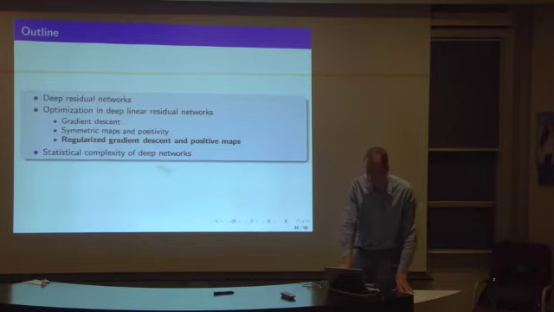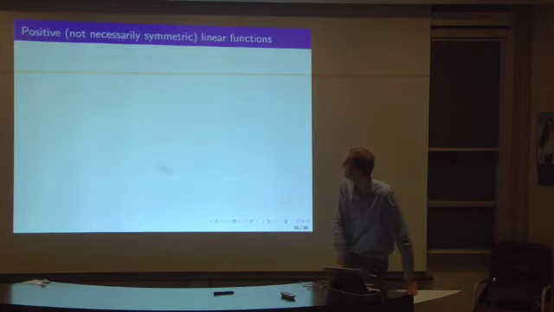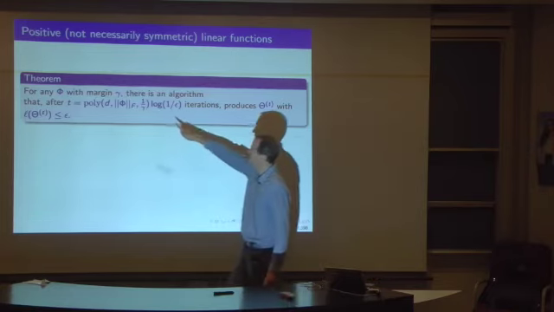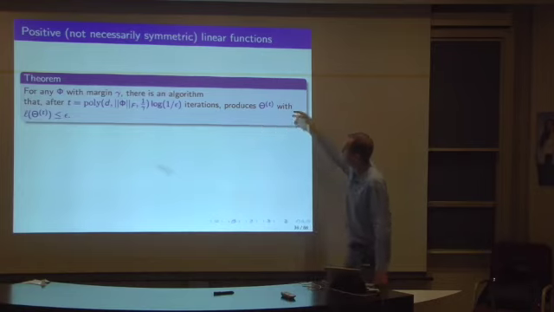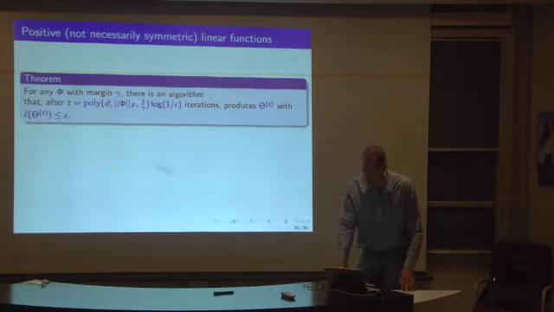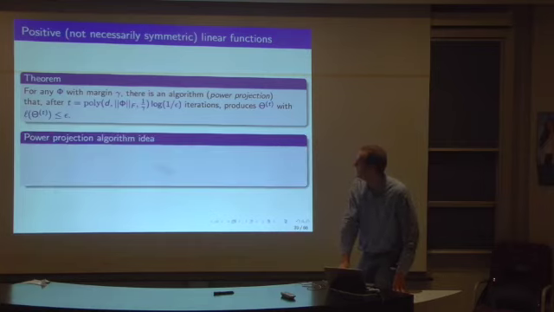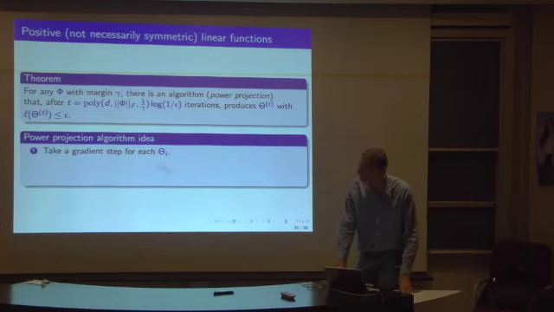Okay, and the last part is looking at what happens when we stray away from the symmetric case but keep the positivity condition. So we have the positivity condition with this gamma. Then there's some algorithm that after not too many iterations produces a near optimal solution. It's a power projection algorithm, so it's doing a sort of regularization that's keeping things close to the identity. Just to sketch what it does, you're taking a gradient step for each of the parameter matrices.